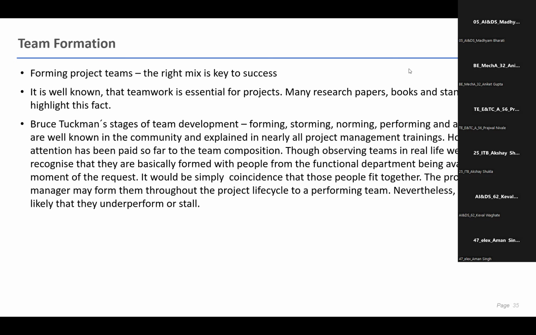And in norming, one solution is found considering all the views from all the group members. And in performing, they actually do the work. And adjourning is when the project or process is done, then the group is adjourned. Okay, good, very good.